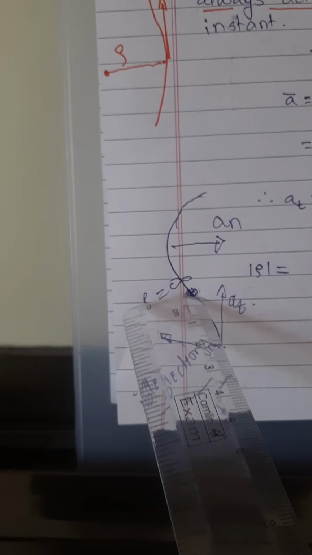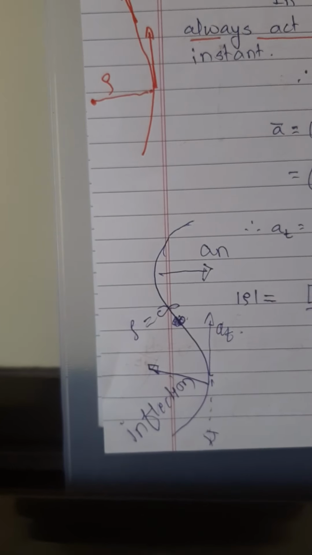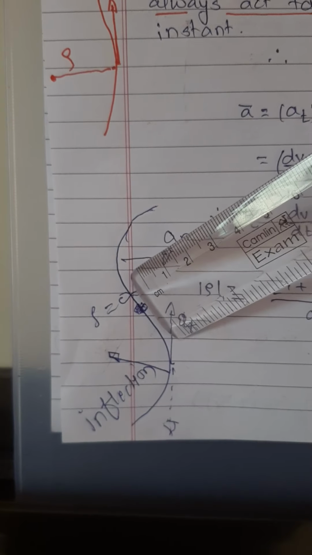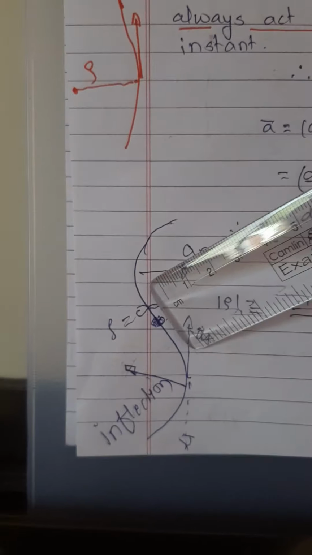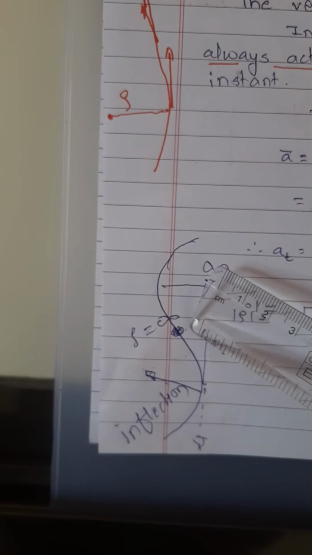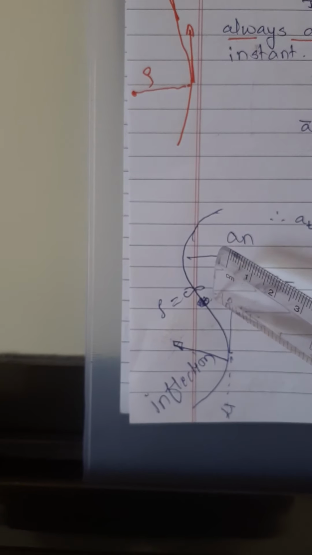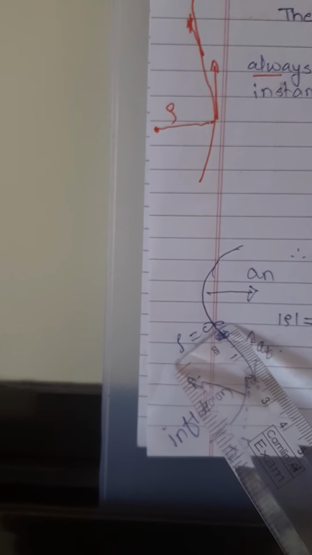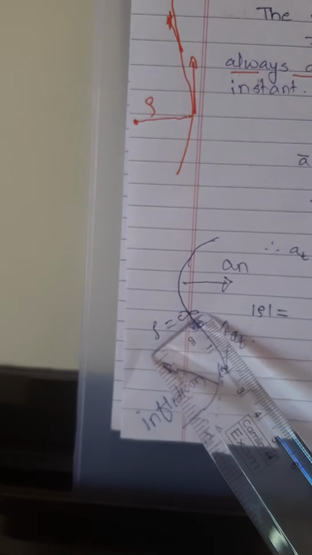That point, at that particular instant, is called the point of inflection, and there the radius of curvature is always equal to infinity.